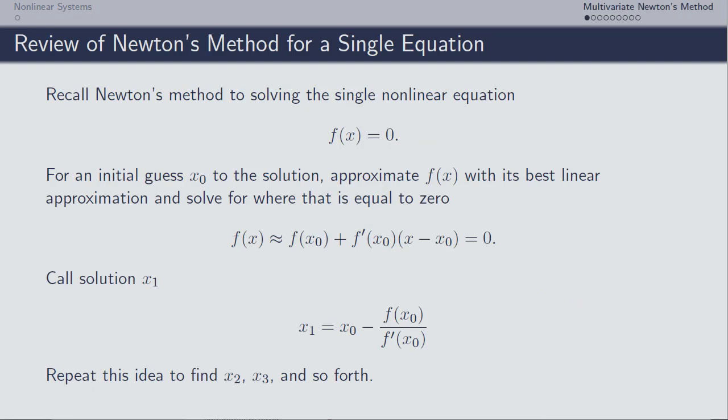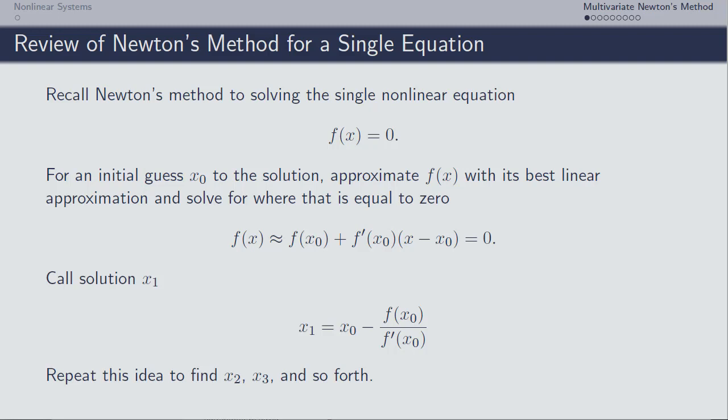Okay, so let's review Newton's method a little bit here. We were trying to solve a single nonlinear equation, f of x equals 0, and we did that by making an initial guess and then forming the tangent line around that solution. Right, that's the best linear approximation of the function near that value. It's easy to solve for where a linear function is equal to 0. Right, we just have f of x naught plus f prime of x naught times x minus x naught equals 0.